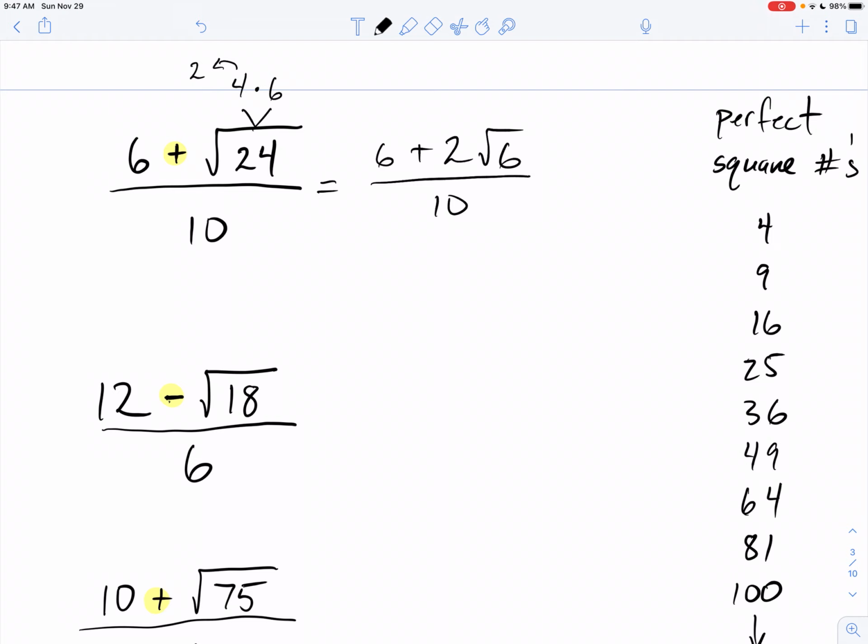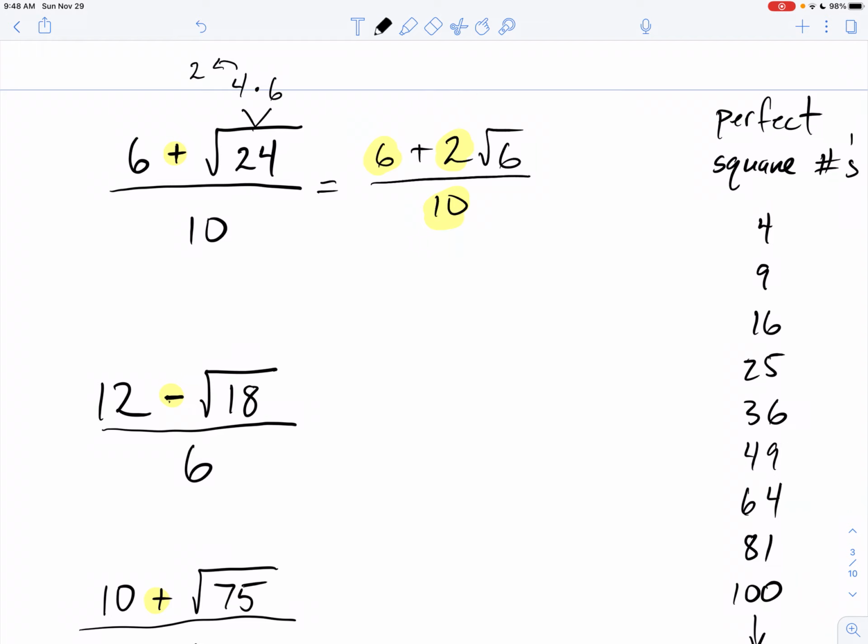Well, guess what? Now I look at it and see if it's reducible. Look at all 3 outside numbers, and it must be all 3 outside numbers in order to reduce. What number would go into 6, 2, and 10? Well, always look at the tiniest number.